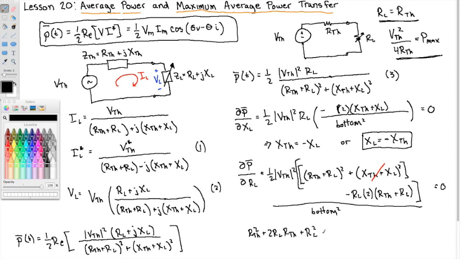Then if I distribute this in, I've got minus 2 RL R Thevenin minus 2 RL squared. That has to equal 0. Now you see the 2 RL R Thevenin terms cancel, and I'm left with R Thevenin squared minus RL squared. That has to be 0. And so the other half of our big result is that R Thevenin equals RL.